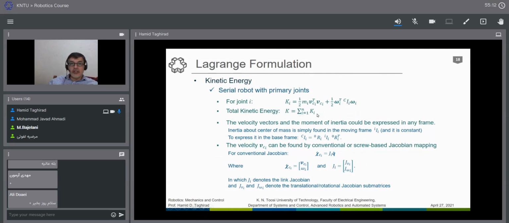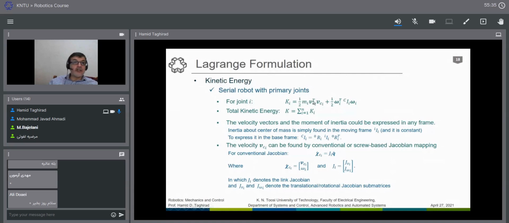There are a few points to consider here. First, the velocity vectors and the moment of inertia could be expressed in any frame. This makes the intuition very simple. Why? Because we are just using dot multiplication here, and this is a scalar.